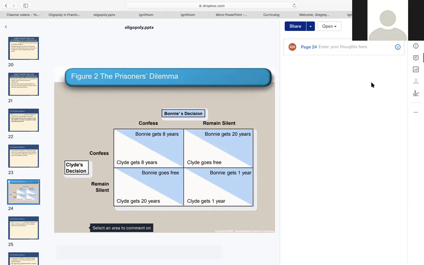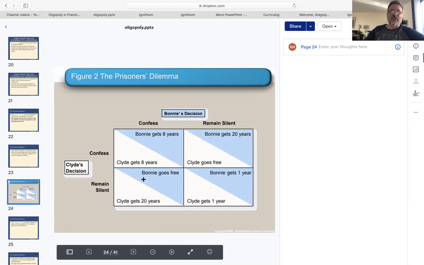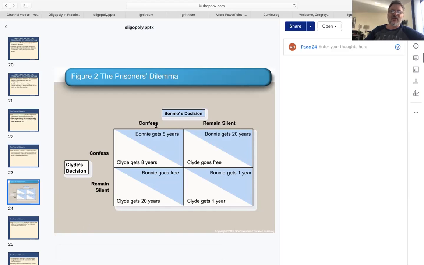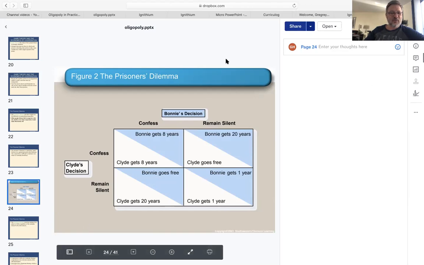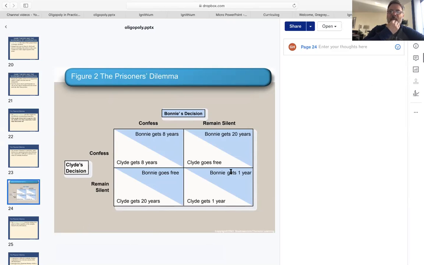Okay. So this is the classic prisoner's dilemma game. They call it a game matrix. It's just a table. The language of game theory is kind of subtle, and you have to pay attention to it.